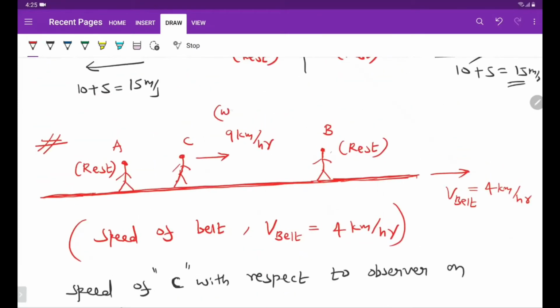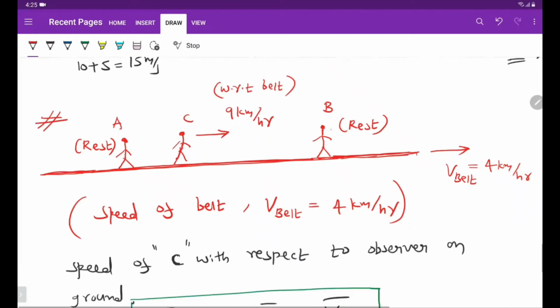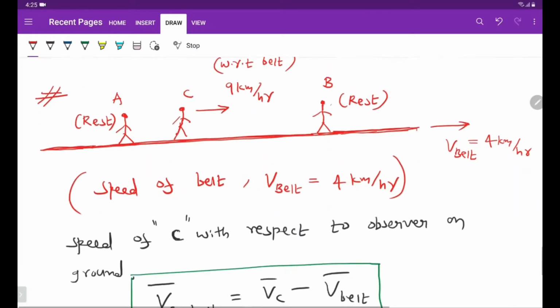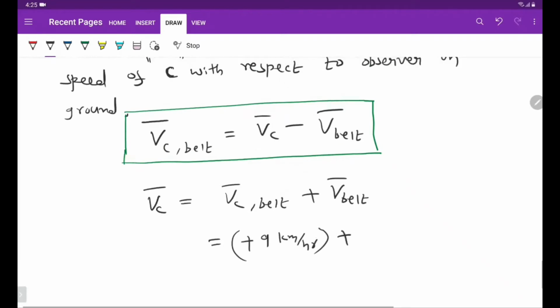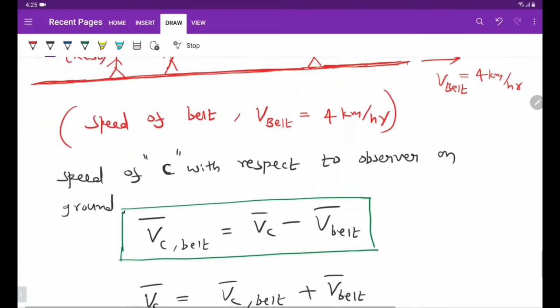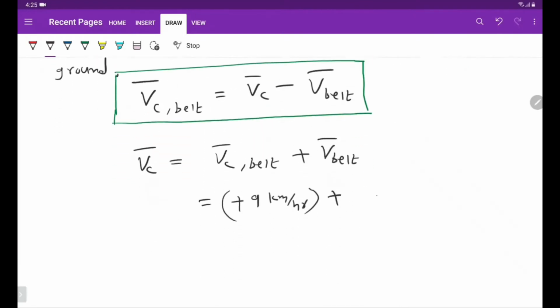The velocity of C with respect to belt is given already. This person C is moving on the belt, and with respect to the belt, this person is moving right side with speed 9 km per hour. Substitute plus 9 km per hour, right side. Similarly, the velocity of belt is 4 km per hour. So total 13 km per hour.